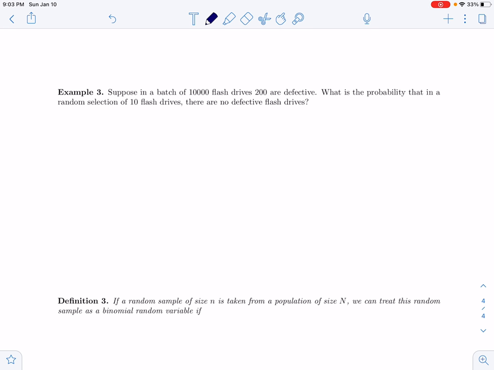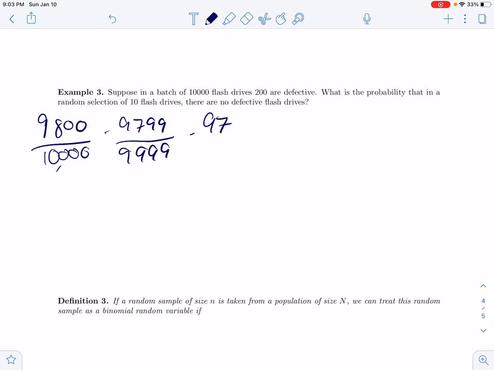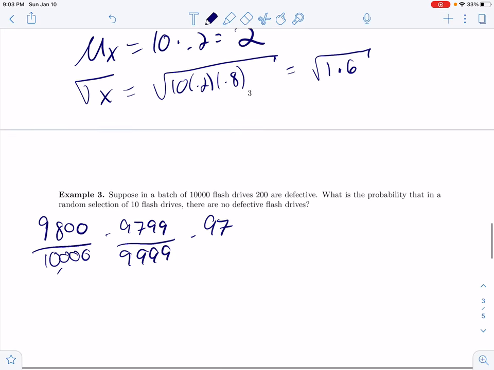in the first choice, there's 9,800 non-defective ones out of 10,000. And then after I select one non-defective one, there's 9,799 non-defective ones out of 9,999. And then I got this wrong, there are 10,000 flash drives.